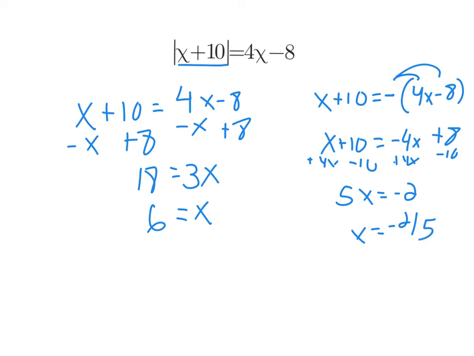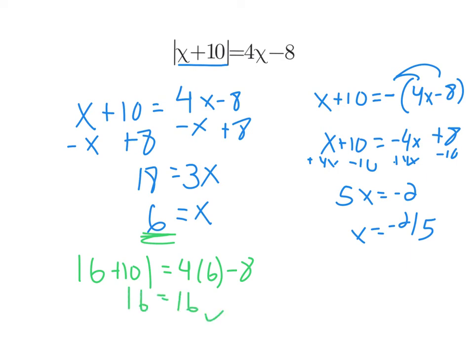Now if I were to plug these solutions back in, if I plug 6 back in, you have the absolute value of 6 plus 10 equals 4 times 6 minus 8. Which after some simplifying, you get 16 equals 16, so we're all good here.